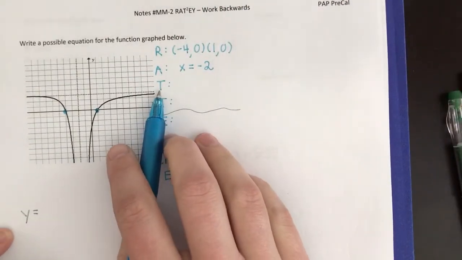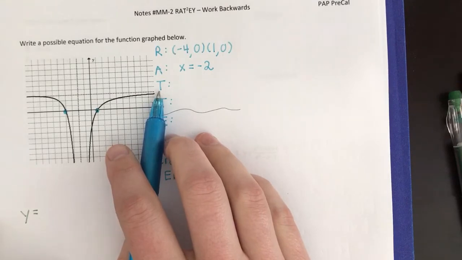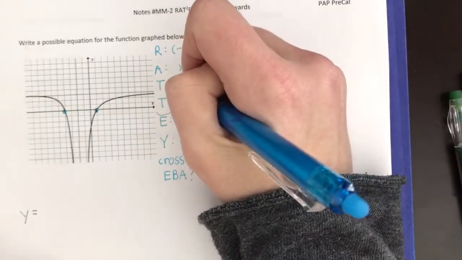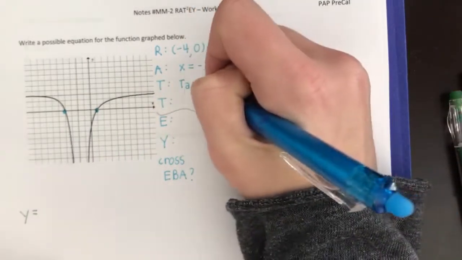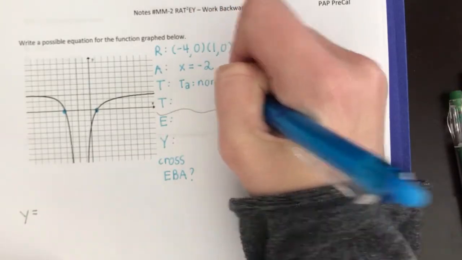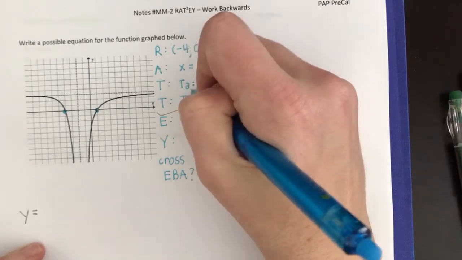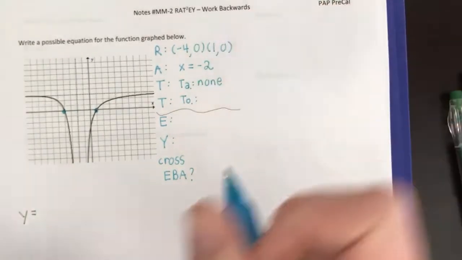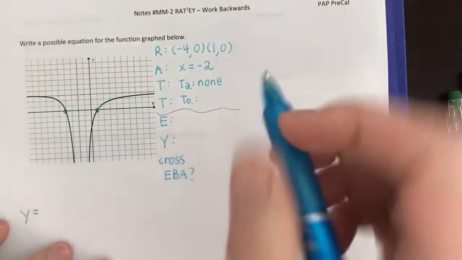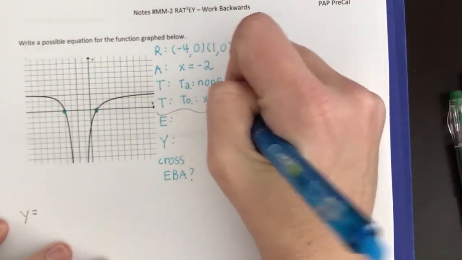Okay, T for tangency, we have no tangency. Okay, for togetherness, we do have togetherness at x equals -2.